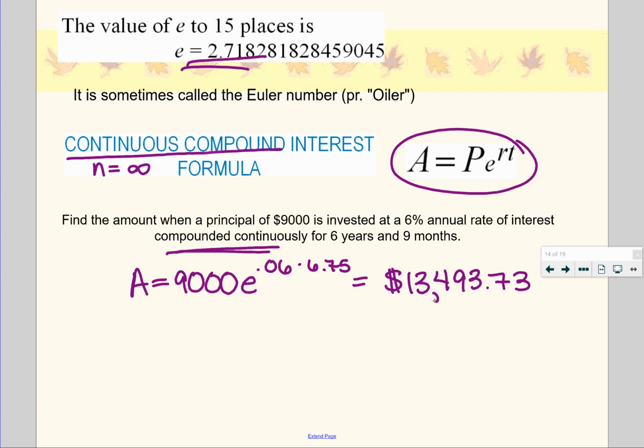So think of that as like the maximum amount of money that you can have at the end of that time period at that interest rate. All right. Any questions on compounding continuously? All right, great.